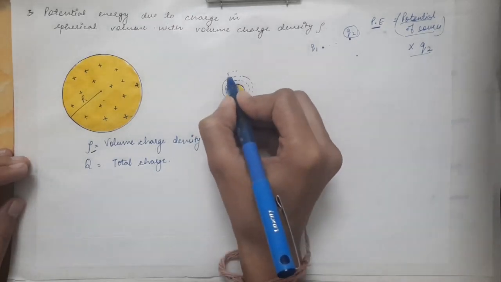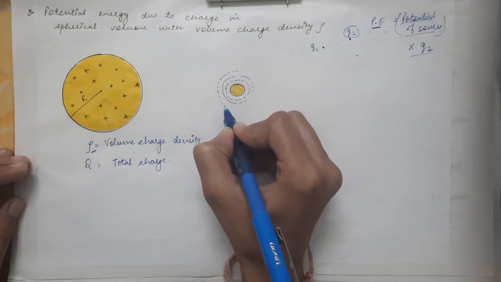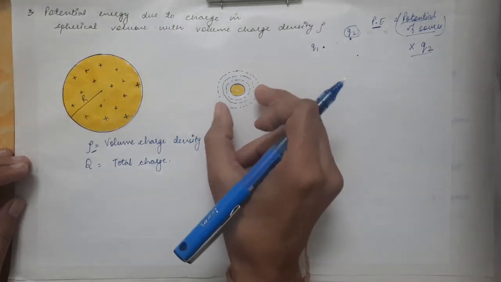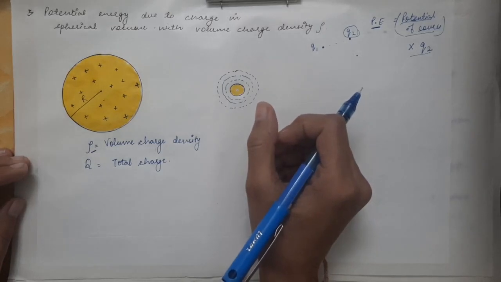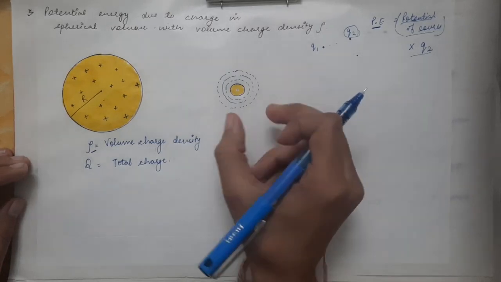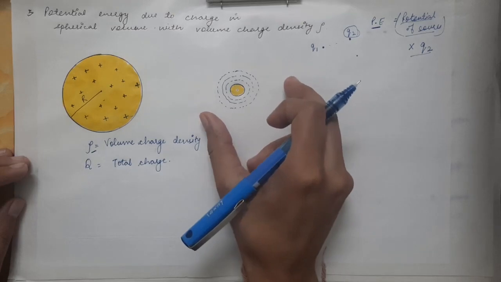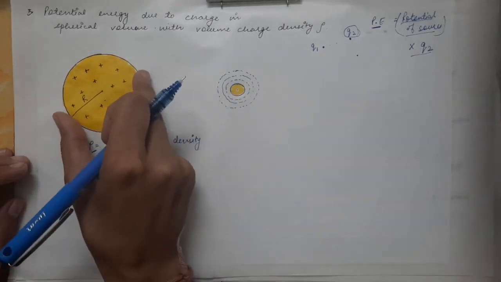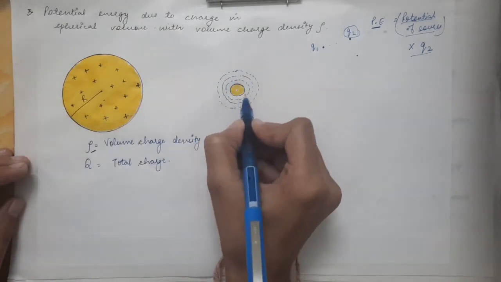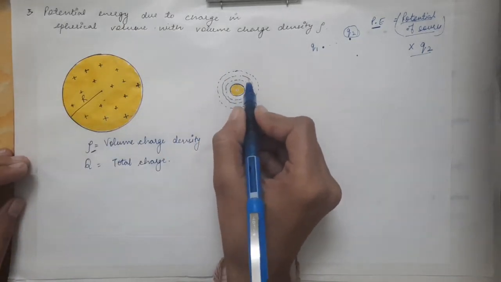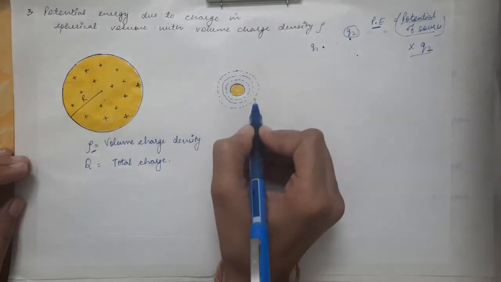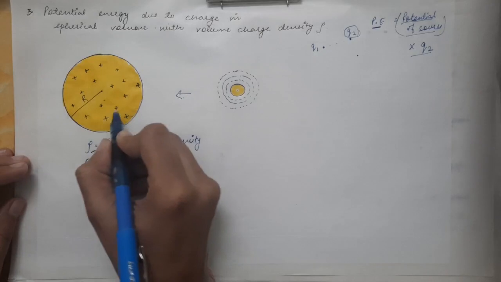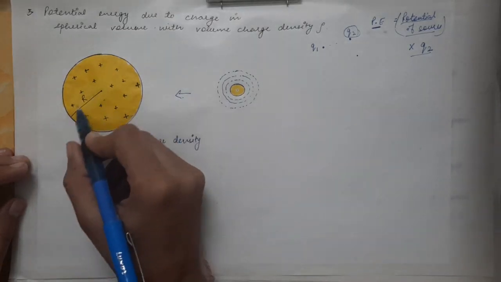Again I will bring another layer of charge in the form of shells and assemble those charges on the sphere from the previous stage. By doing this, after some time I will get this whole sphere. So this is how this whole sphere is built up. First we have a small sphere, then we keep on assembling the charges in the form of shells over the previous sphere. That gives us, after some time, this whole sphere of radius capital R.